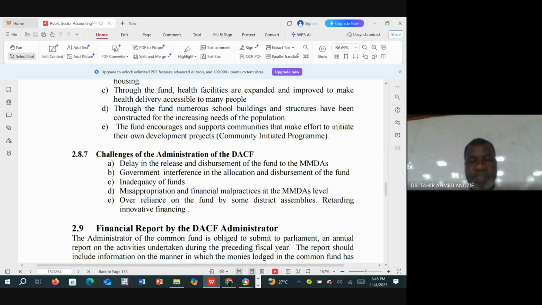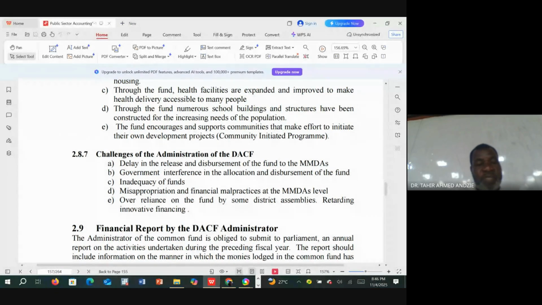Also, misappropriation and financial malpractice at the assemblies level. If you see, the money itself is not enough, but when it comes, then the chief executives and whoever, the coordinating council and all this, want to also get their part, and so there's always misapplication. There's a difference between misapplication and malpractice or embezzlement.